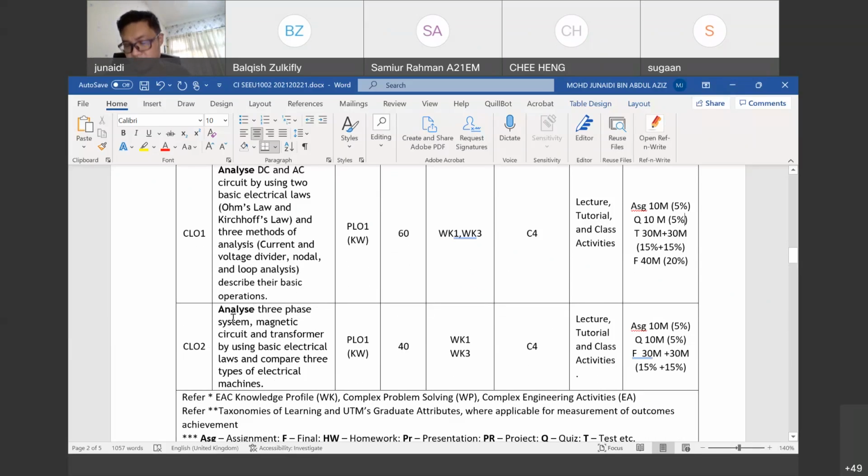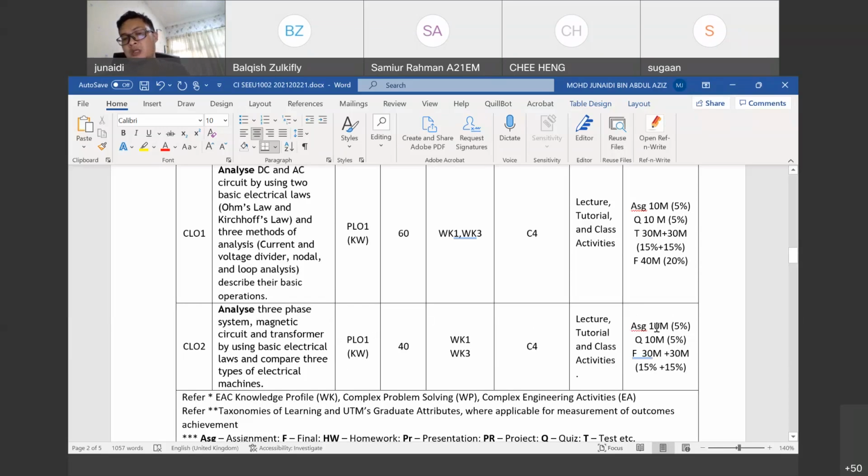Three-phase is also AC, but we focus on the three-phase system, and also magnetism, which involves magnetic circuits and transformers. The transformer is basically the application and comes from magnetic circuits. You can design a transformer from the magnetic core and circuits. That is also mapped to PLO1.